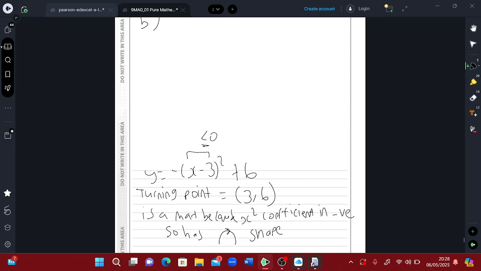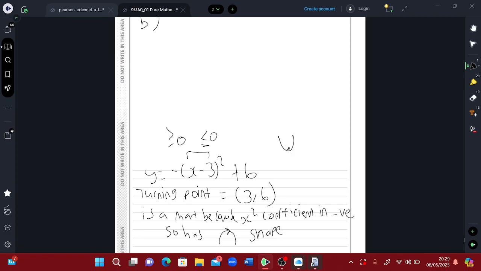And obviously, that's the x coordinate, the x value we pick to maximize it, which will be 3. And then the y value, once you substitute x in, will always correspond to 6 because this will always be 0. Same with minimizing. A quadratic has a minimum point if the coefficient is positive, so this would be positive instead. But then if it's positive, like I said, it will always be at least 0.